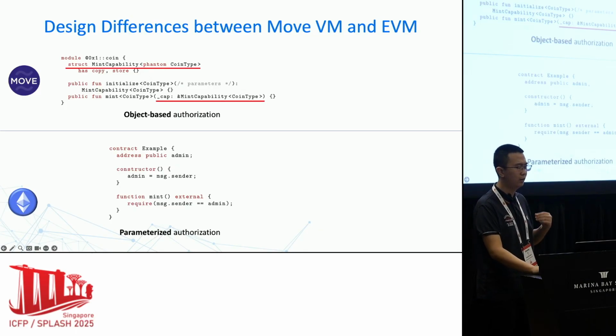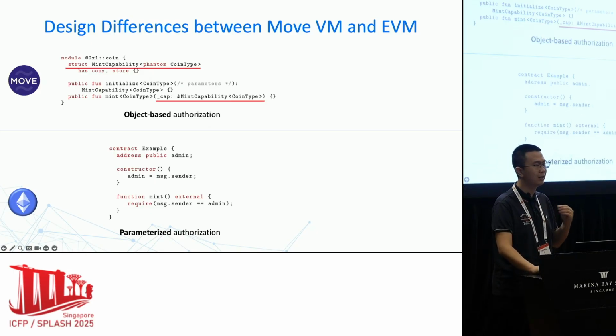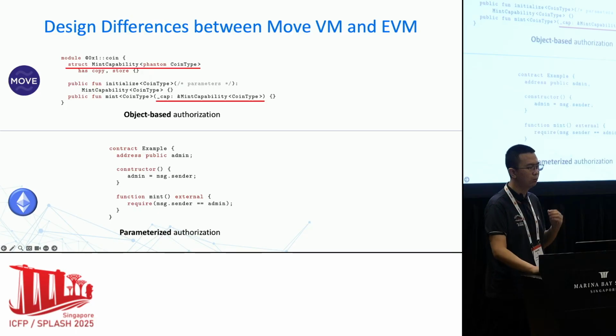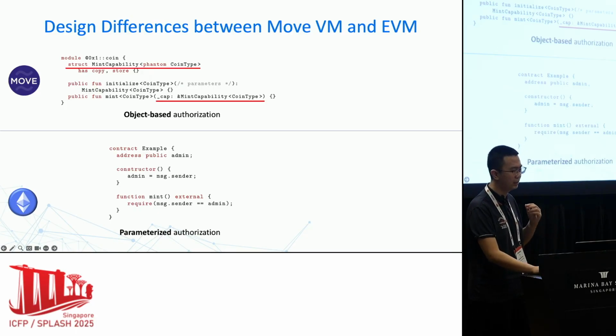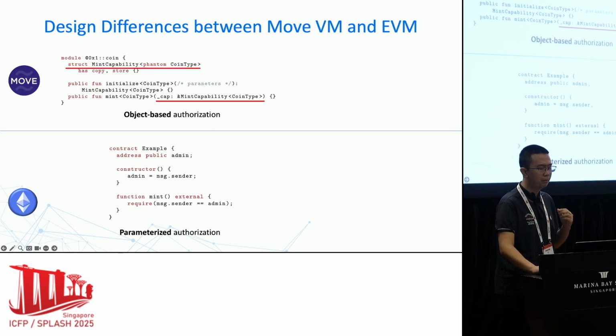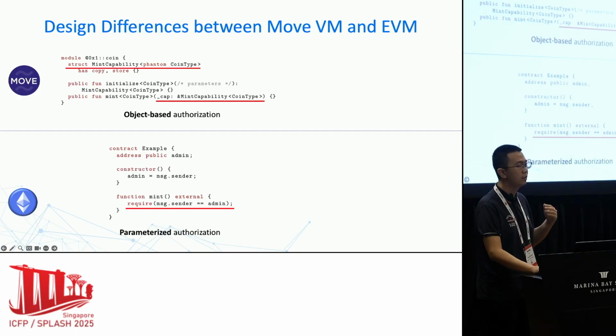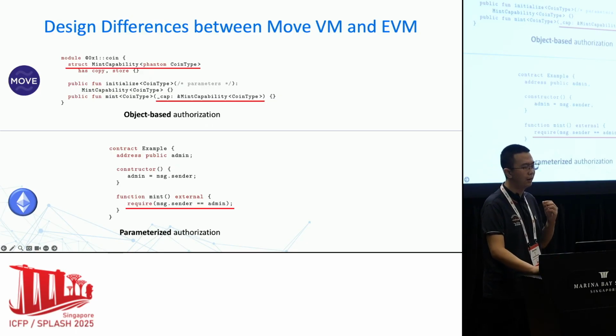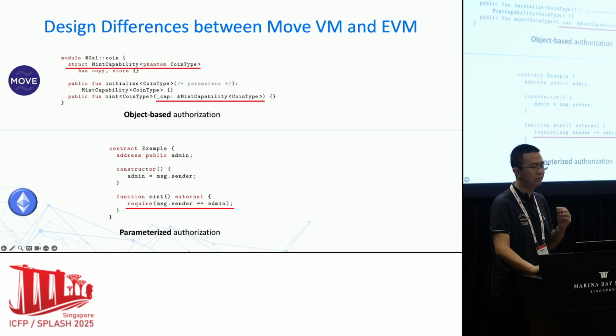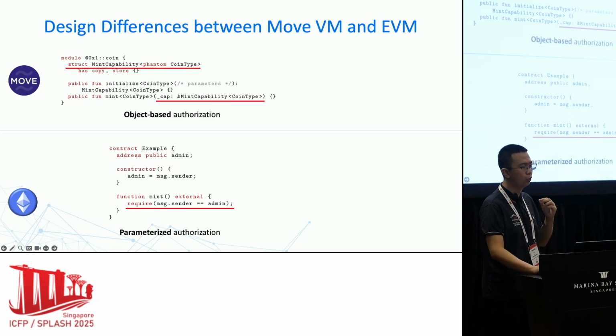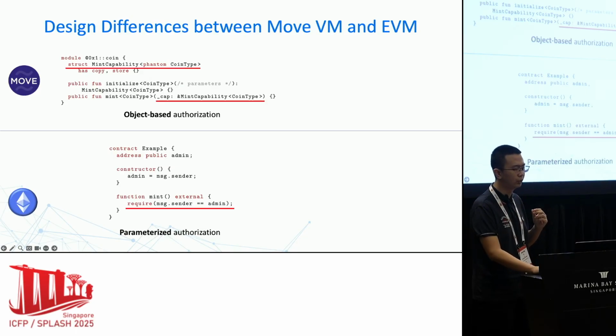So anyone who can provide such an instance has the permission, because Move is a resource-oriented language design. But the EVM has a very different design, because in the EVM, the system provides an API. So the smart contract developer can read the message sender address from the system API, and the function writes its own logic to decide whether this sender is acceptable or not.